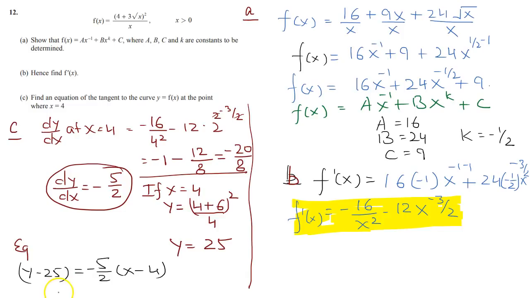If you simplify it, you will get 5x plus 2y minus 25, and this is 50 and this is 20, so this will be minus 30. So this is the equation of the tangent at x is equal to 4 for the curve.